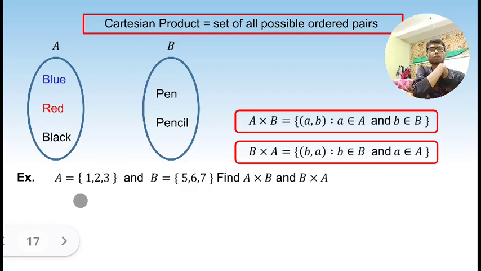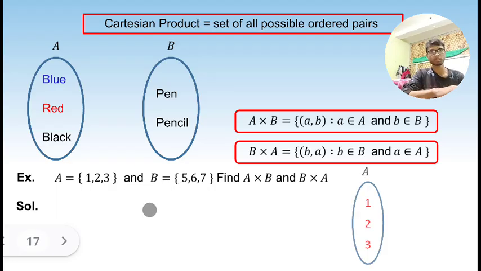Just A multiply B. In this case we will take 1 comma 5, then 1 comma 6, 1 comma 7, then 2 comma 5, 2 comma 6, 2 comma 7, then 3 comma 5, 3 comma 6, 3 comma 7. Now what about B multiply A? This would be just opposite: 5 comma 1, then 5 comma 2, 5 comma 3, then 6 comma 1, 6 comma 2, 6 comma 3, 7 comma 1, 7 comma 2, 7 comma 3. This is what will happen.